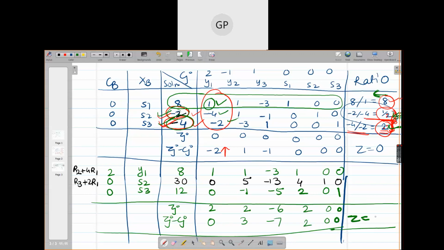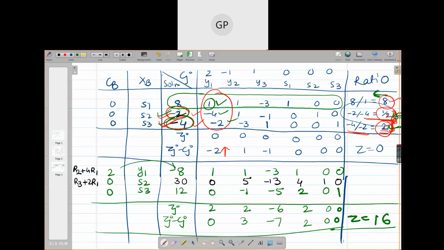What is the value of Z? It is 16. Y1 is 8, so 2 into 8 is 16. Everybody is getting this?